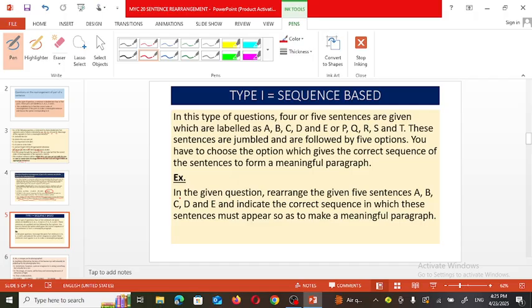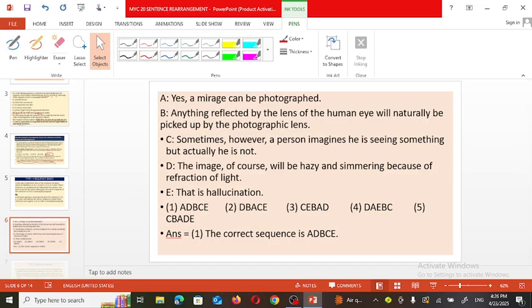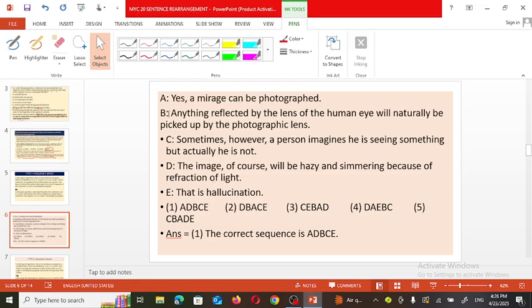So the question can be like this: In the given question, rearrange the given 5 sentences A, B, C, D, and E and indicate the correct sequence in which these sentences must appear so as to make a meaningful paragraph.